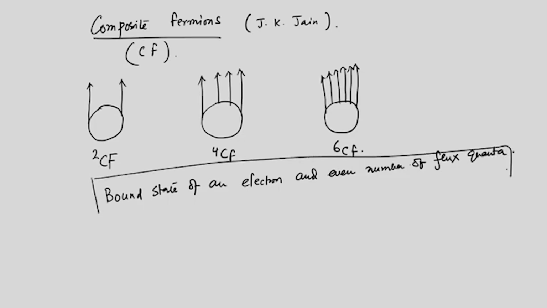As I told you, it is not a real picture, it really does not happen that these fermions actually absorb even number of flux quantum, but suppose we assume that this is the situation for the fractional quantum fluid, that these fermions have absorbed, or are really carrying, this even number of flux quantum, then of course the picture changes intuitively, and it gives rise to something that is quite interesting.